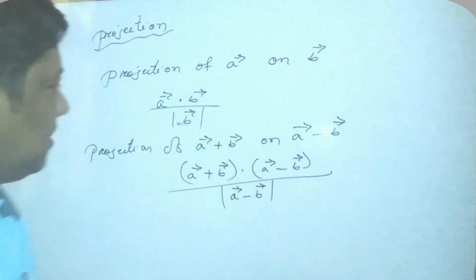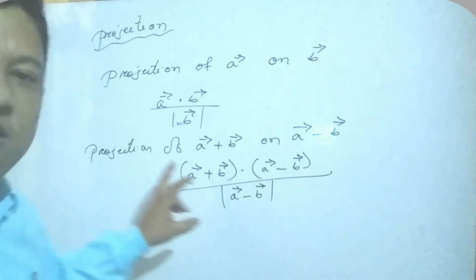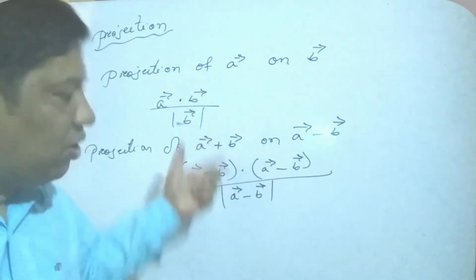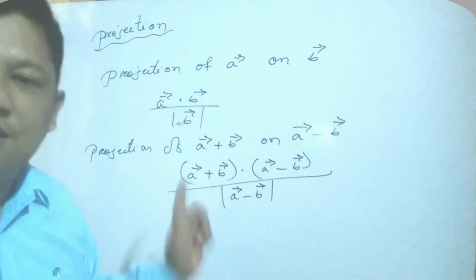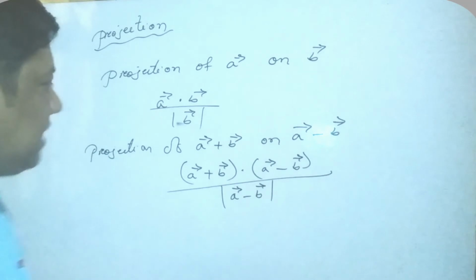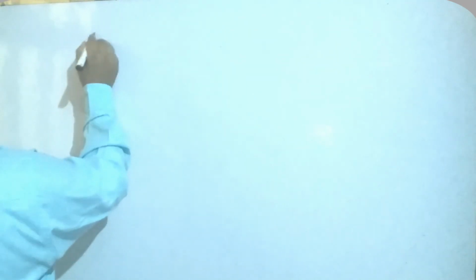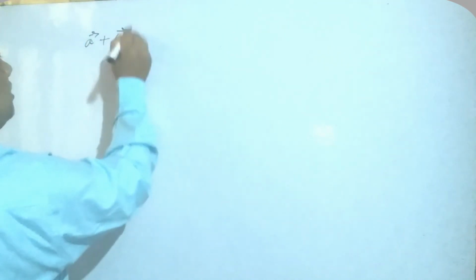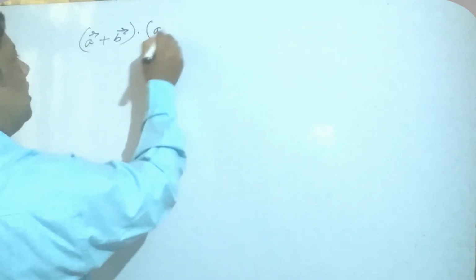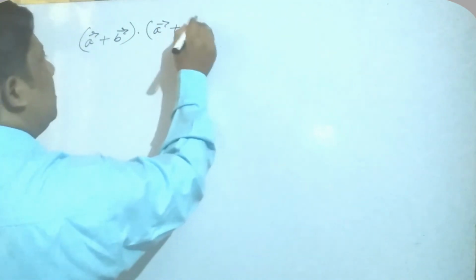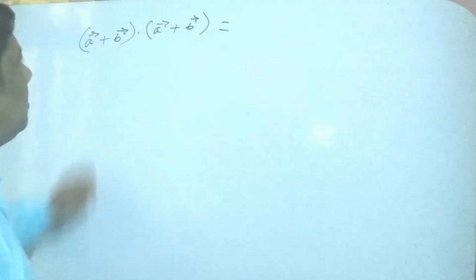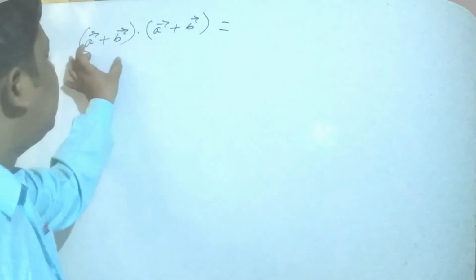So my students, just watch how you can find the dot product, and you can use this for other components also. The next type of question: suppose it is given a plus b dot a plus b.